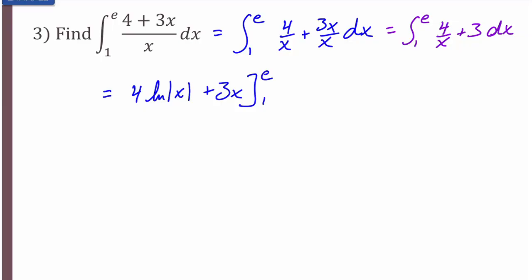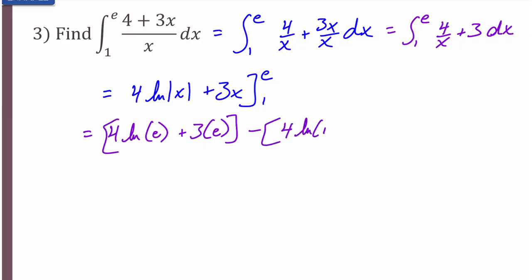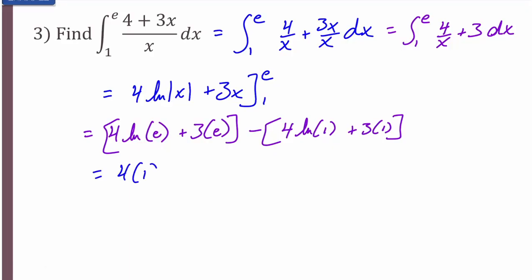Start by plugging in the upper boundary. So 4 times the natural log of e. I don't need the absolute value bars anymore because e is positive, plus 3 times e minus, let's do some extra brackets here, 4 times the natural log of 1 plus 3 times 1. So you'll recall that the natural log of e is just equal to 1. So here I have 4 times 1 plus 3e minus the natural log of 1, which is equal to 0.